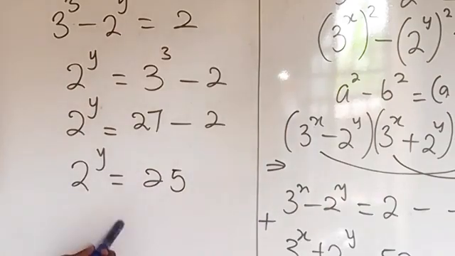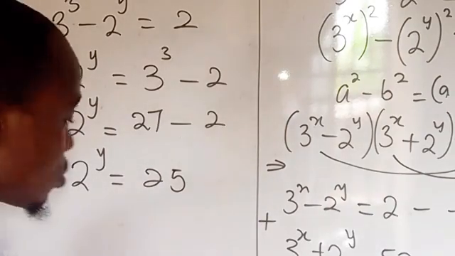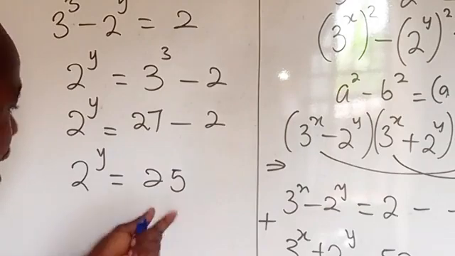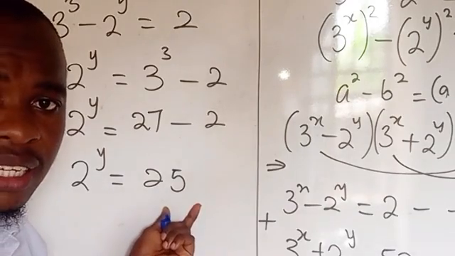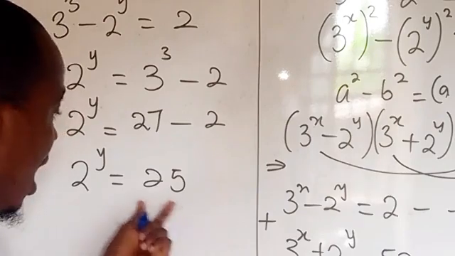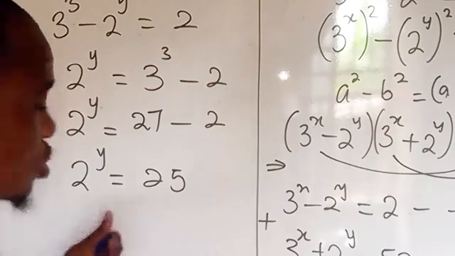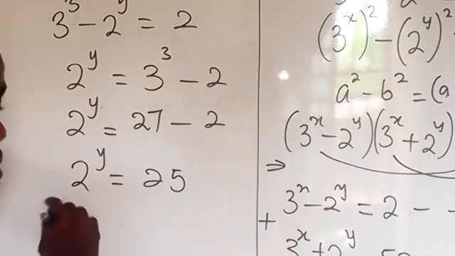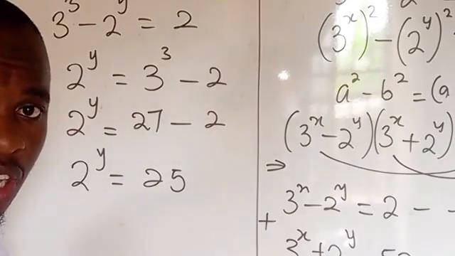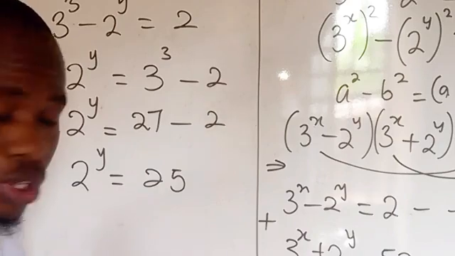Now, what are we going to do? The next thing is, we cannot write this 25 in index form with base 2. So the only thing we can do is to introduce logarithm to both sides of the equation.